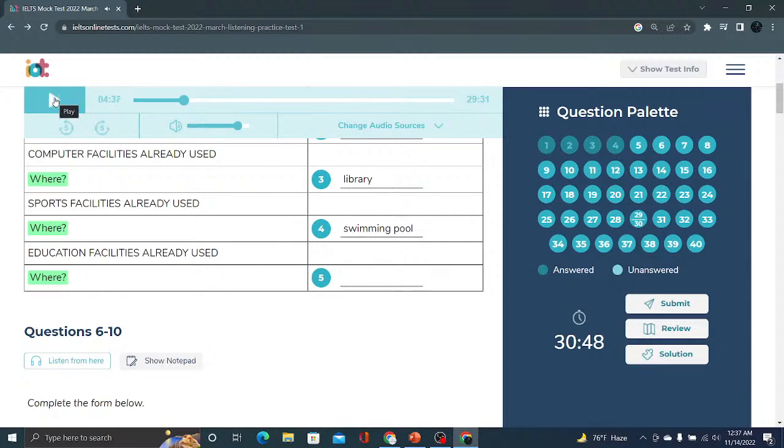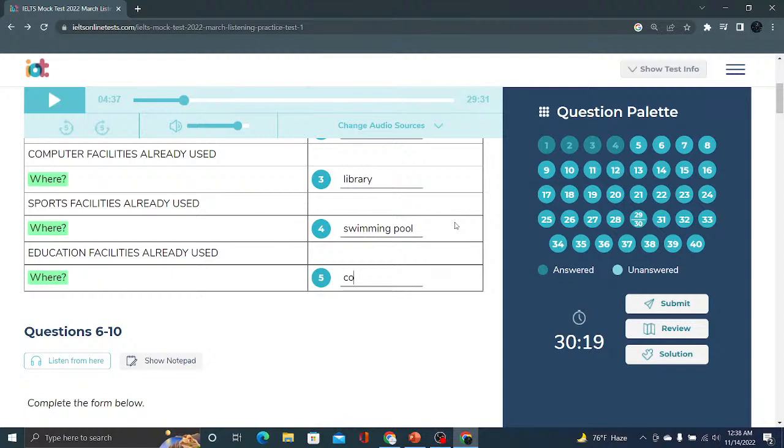He was saying that I go to Spanish classes. That means he goes to learn Spanish every Friday at the Further Education College. So the answer would be Further Education College, or you can also write it just college.